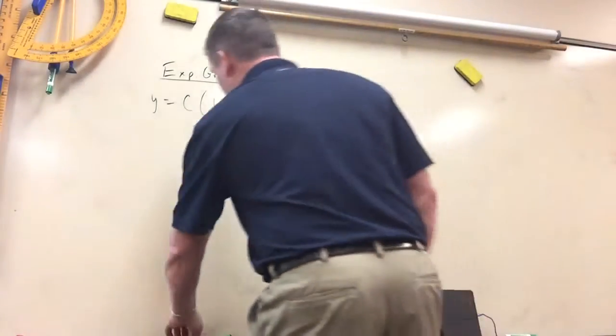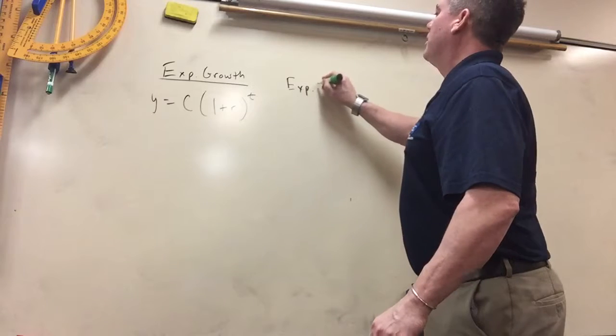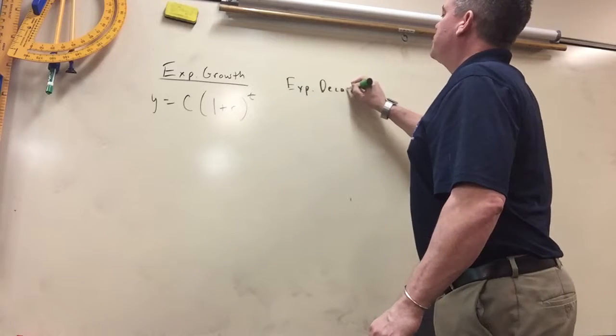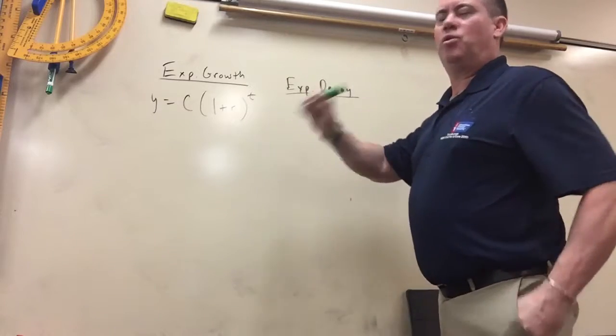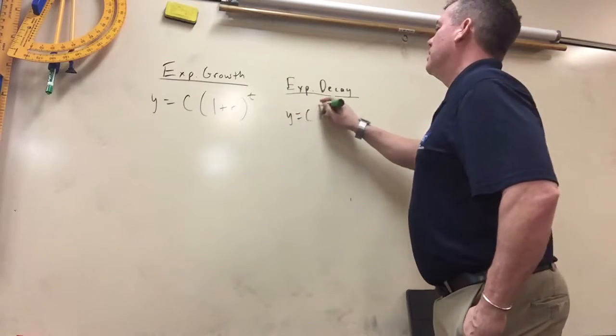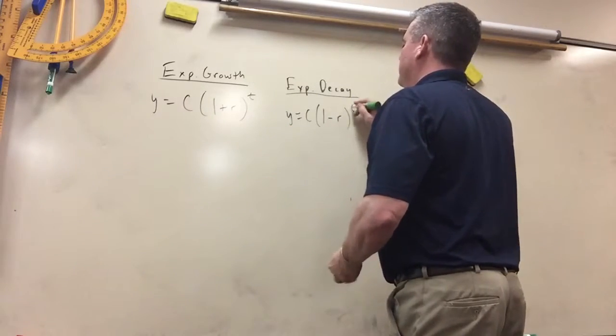Exponential growth and decay are done the same way. In exponential decay, the formula is the same, the only thing different is instead of 1 plus the rate, it's 1 minus the rate.